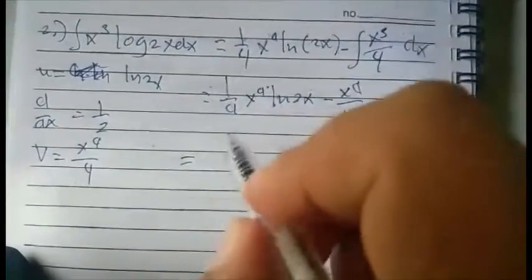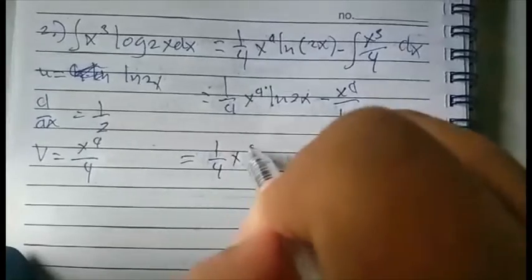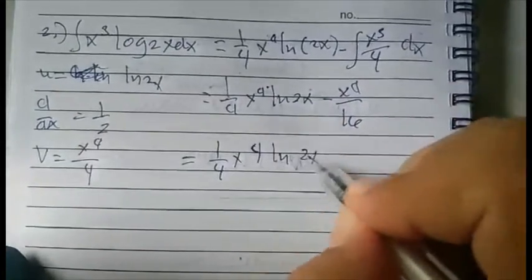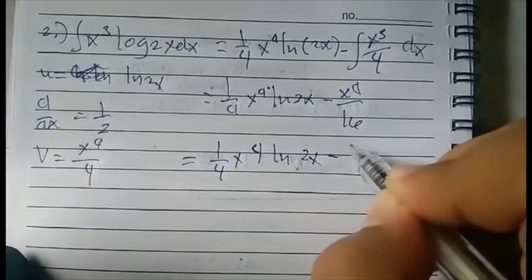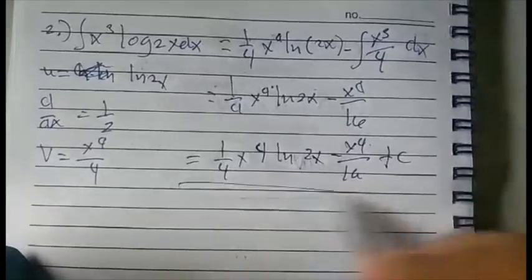Solving it right here, we're going to simplify it and substitute back: 1/4 x to the fourth ln 2x minus x to the fourth over 16 plus c, and that's our final answer.